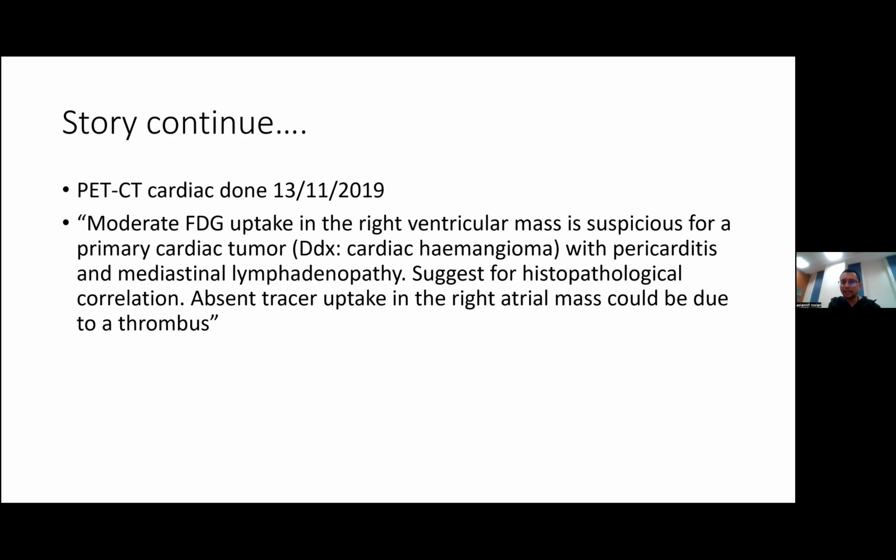In fact, there is absent tracer uptake in the right atrial mass. So there is no uptake when we do the PET scan. If there is a lot of uptake, there is something dangerous, meaning that it's very metabolically active. So that suggests malignancy. When there is no uptake, then it suggests maybe this is a benign kind of mass, like a thrombus.